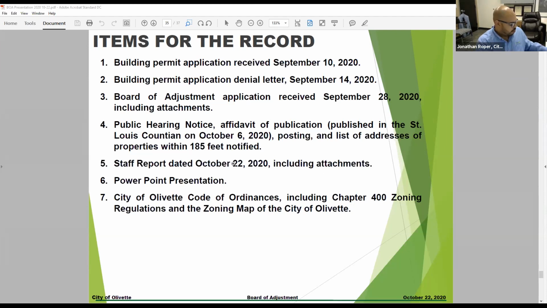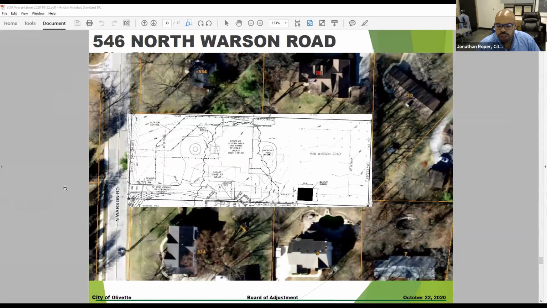The affidavit, as Mr. Zobel read, and the posting of the lists that we addressed within 185 feet notified, or at least 185 feet. The staff report dated October 22nd, 2020, including the attachments. The PowerPoint presentation that you see before you, and the City of Olivet Code of Ordinances, including Chapter 400 zoning regulations, and the Olivet zoning map. At this point, staff is open for any questions or discussion by the Board of Adjustment.